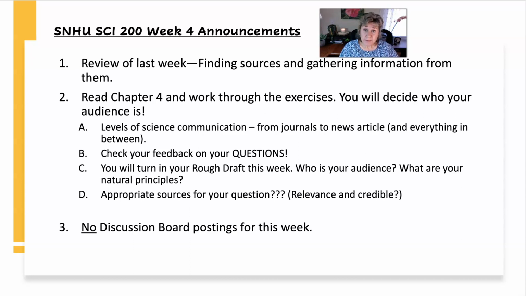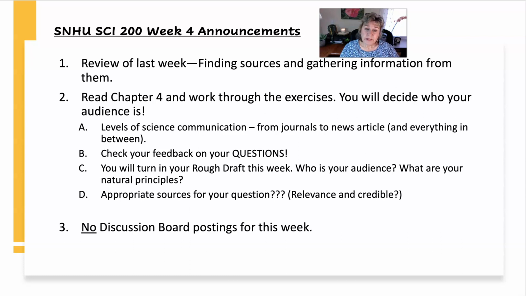It's difficult for me too if it is not my specialty. So just realize that this is difficult for everybody. Hopefully you found some good sources, and if you are having trouble, I hope that you are letting me know things like that.